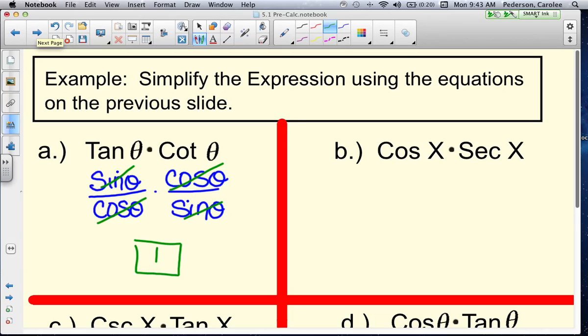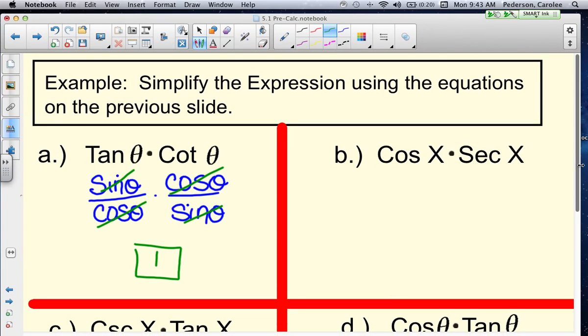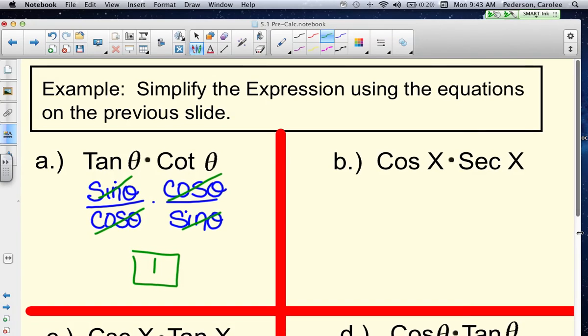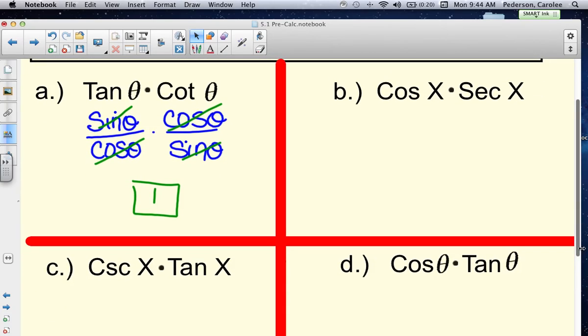Let's come over to question B. The cosine of x times the secant of x. What can I do to rewrite one or both of those pieces in the expression? What can I do with secant of x? How can I rewrite the secant of x?